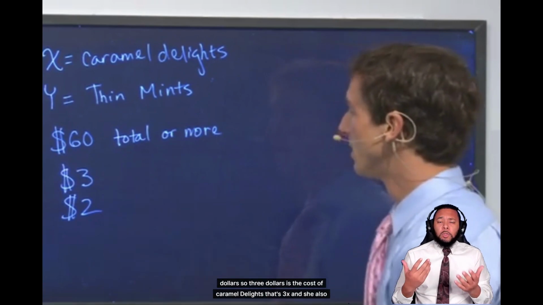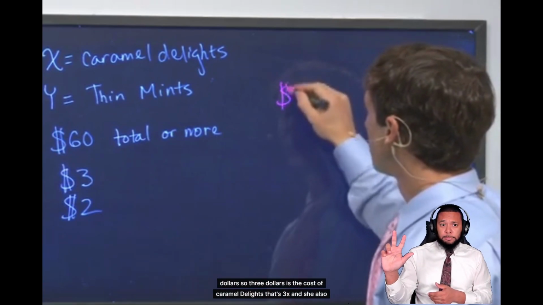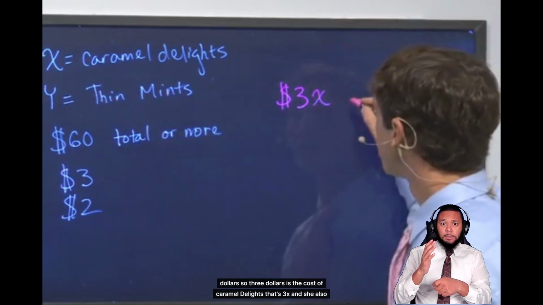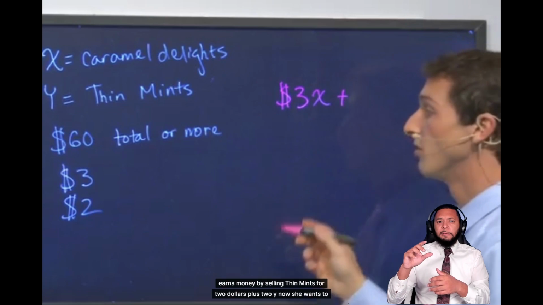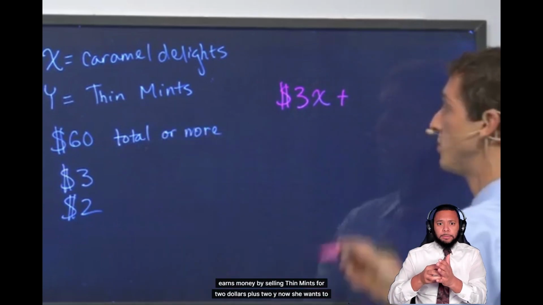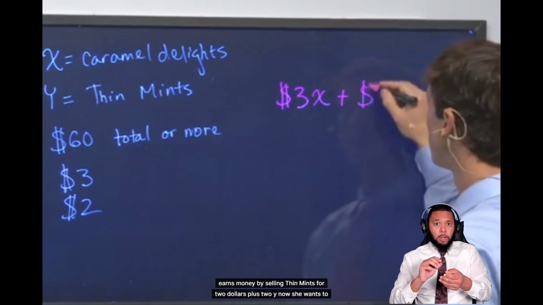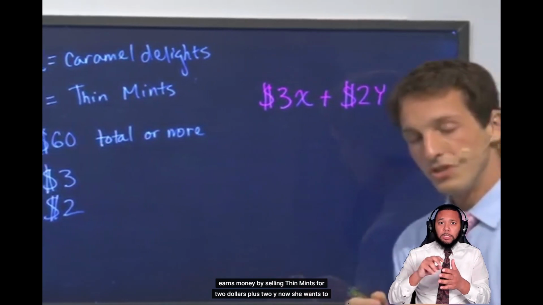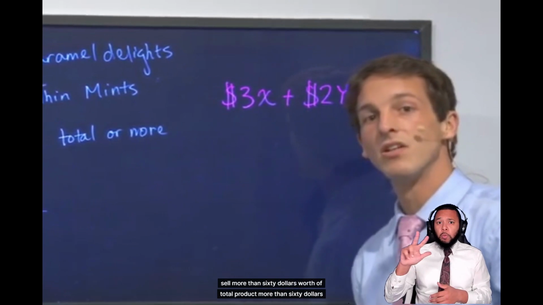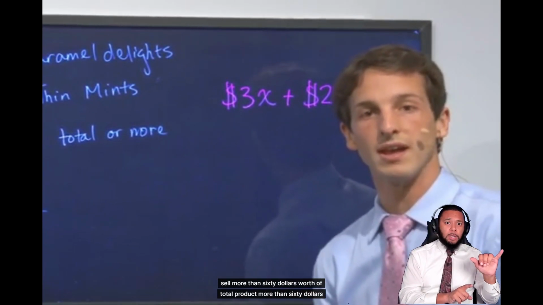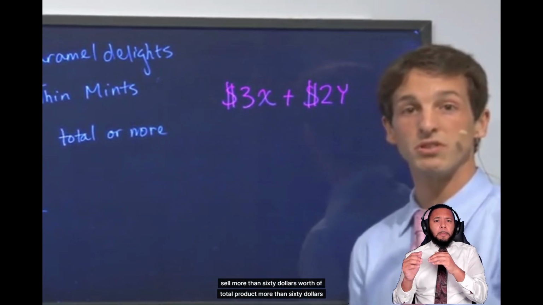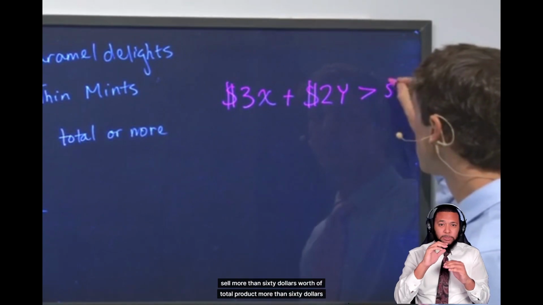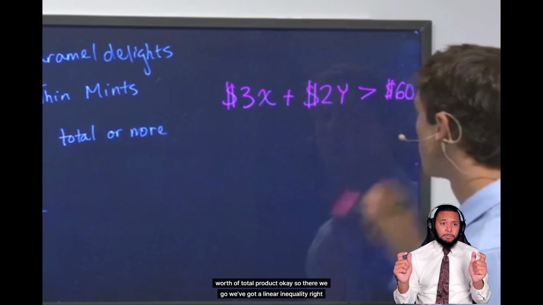So $3 is the cost of Caramel Delights. That's 3x. And she also earns money by selling Thin Mints for $2, plus 2y. Now, she wants to sell more than $60 worth of total product. More than $60 worth of total product.